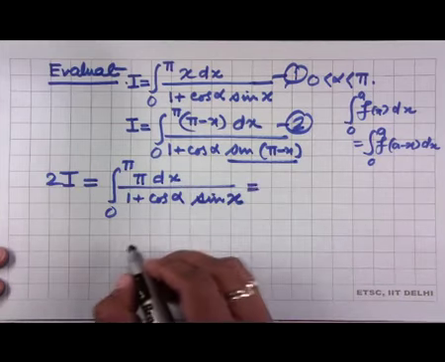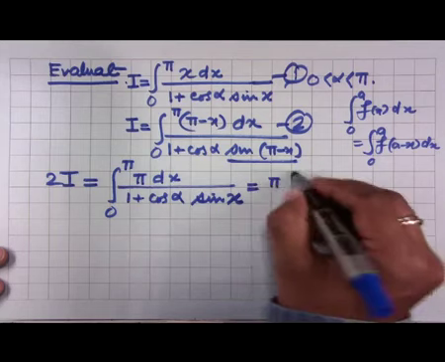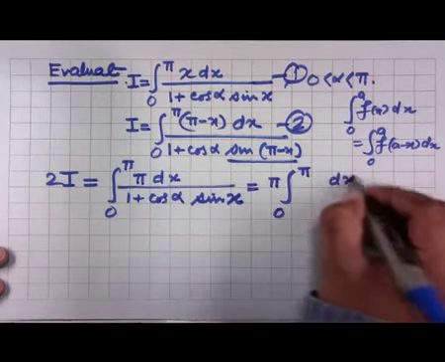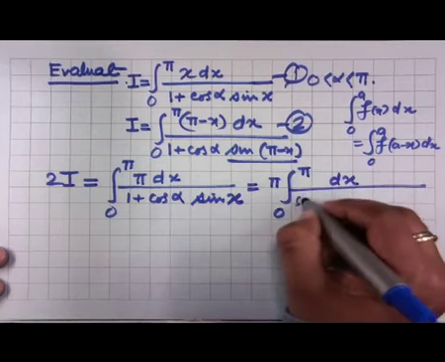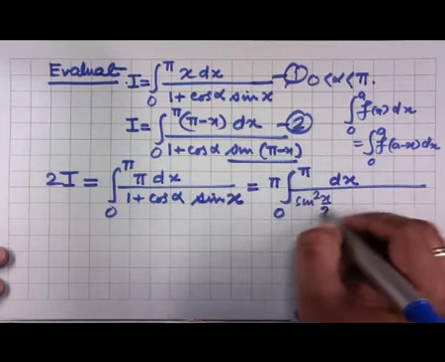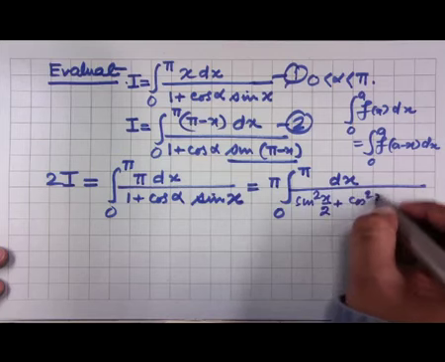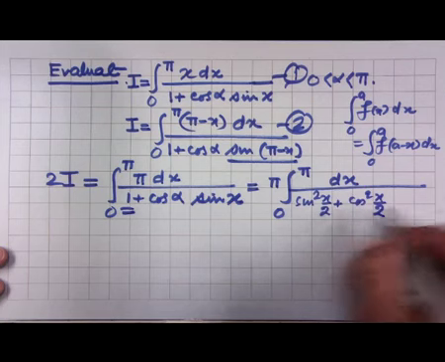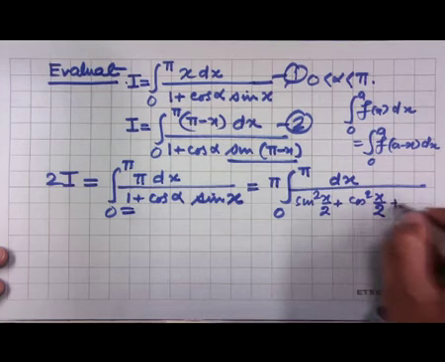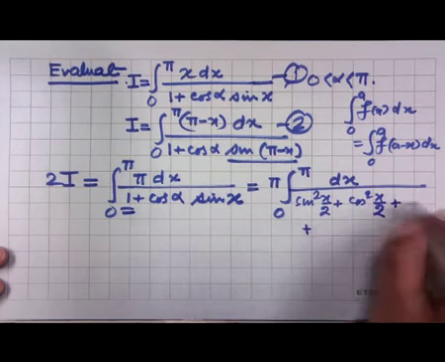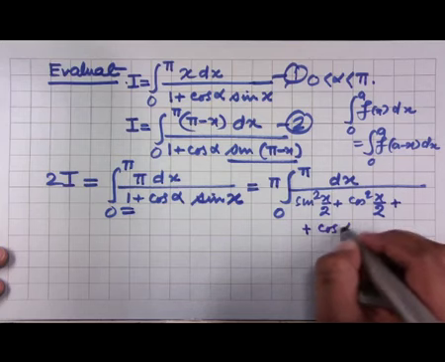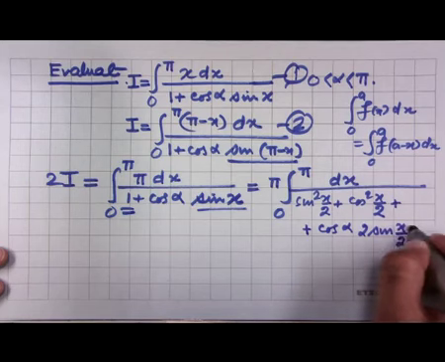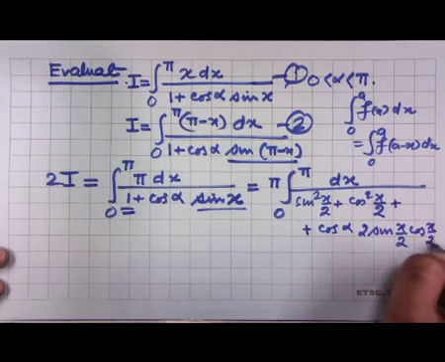which we can write as pi times integral 0 to pi dx by sin square x by 2 plus cos square x by 2 plus cos alpha sin x. 1 you can replace by sin square x by 2 plus cos square x by 2, and sin x you can expand to 2 sin x by 2 cos x by 2.